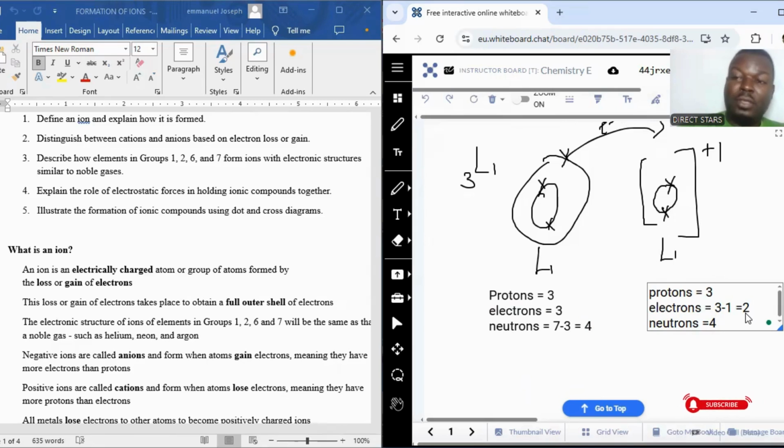Protons, on the other hand, are positively charged, so having 3 protons means +3. When you add them up, you get +1. That is why cations have a positive charge, and anions, which have more electrons than protons, have a negative charge.